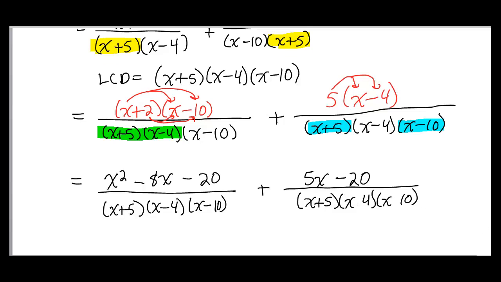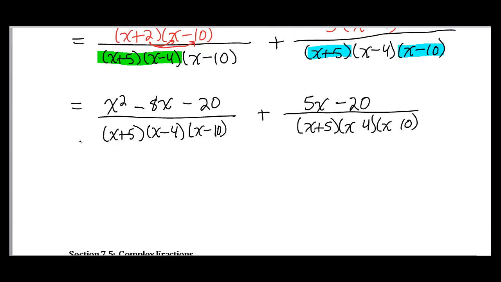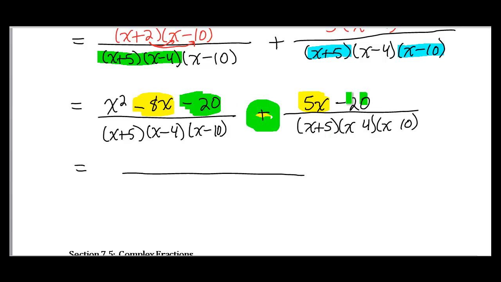Now I'm at a good point to combine like terms. All right. And if you want to save paper or save some time, since this is an addition symbol, all you're really doing is combining like terms. For instance, you have a negative 8x, and you're going to add the 5x to that, right? Because that's addition. And then you're going to have this negative 20 plus this negative 20 as well.